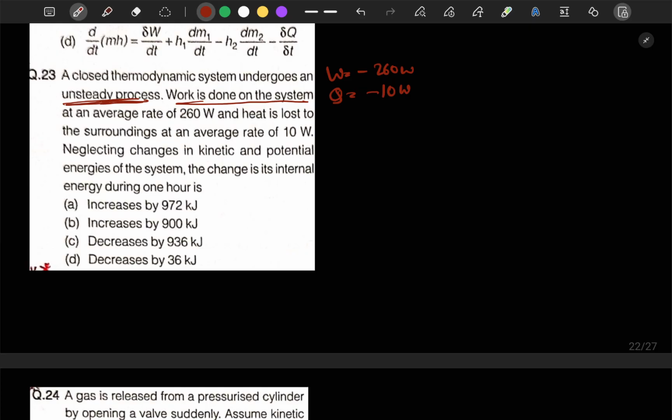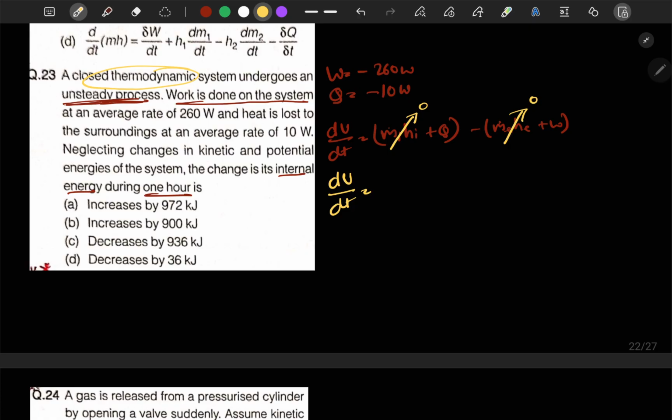The question asks for the change in internal energy during 1 hour. So we can consider dU by dt is equal to m dot hi plus Q minus m dot he plus W. Since it is a closed thermodynamic system, there is no inlet and outlet flow, so we can directly get dU by dt is equal to Q minus W, and from here the value of Q minus W will be 250.